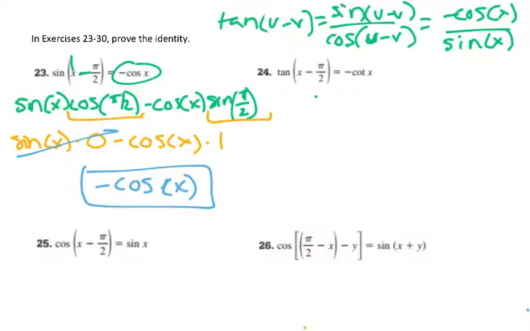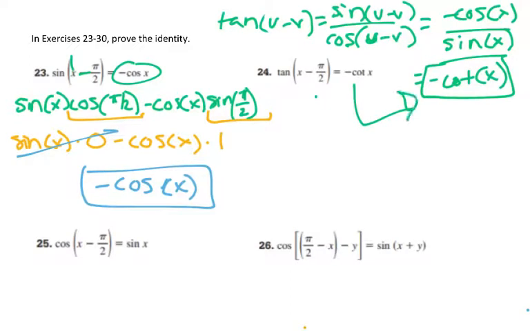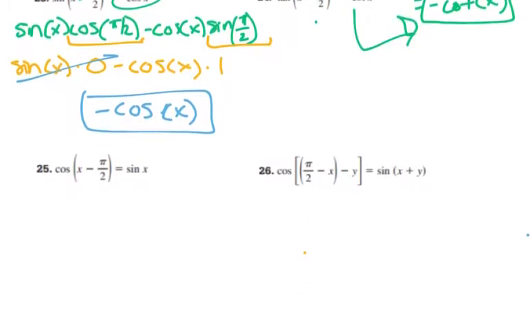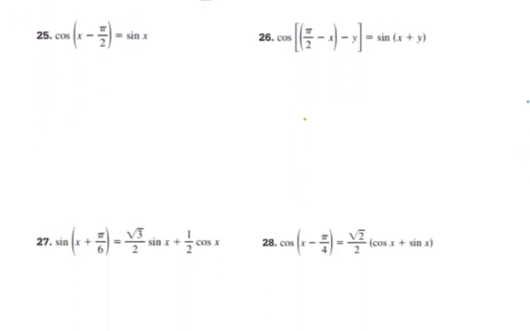And so in that case, negative cosine over sine is going to be negative cotangent. So it's just another way, especially when you come across an undefined, to work it out that way. Again, tangent is always sine over cosine. It's just sometimes we don't do that.